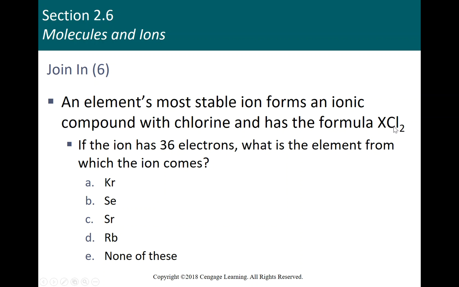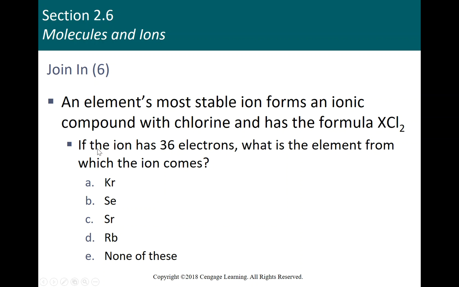When chlorine becomes an ion, it looks very electrically like argon, so it needs to gain one electron. So chlorine will be a -1 charge when it's in an ionic compound. There are two -1 charges. So in order to balance this out electrically, if this half of the compound is -2, this must be +2.